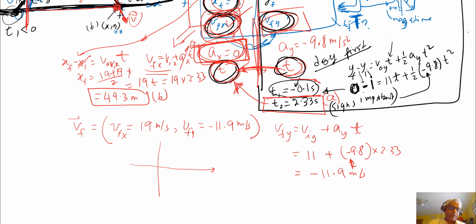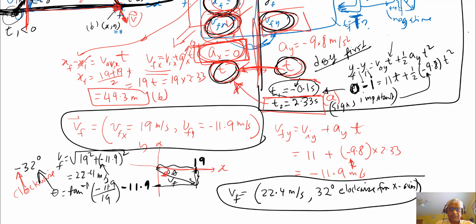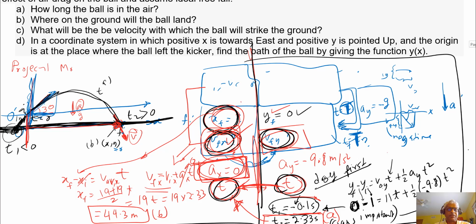So the final velocity, we can say vf is equal to 22.4 meters per second and 32 degrees clockwise from the x-axis. That's another way to say it. So those are the answers for part C.